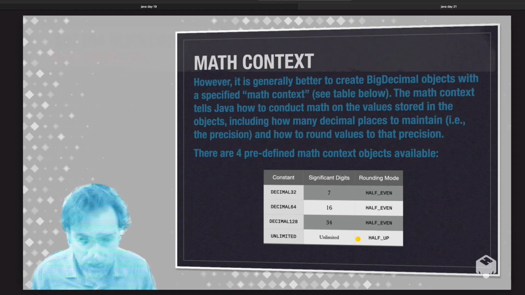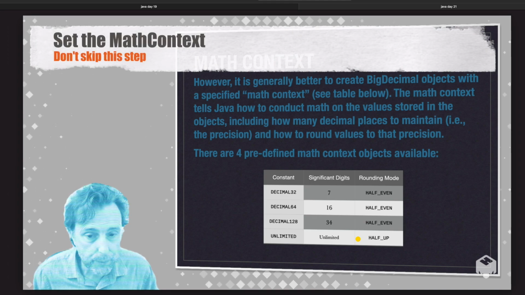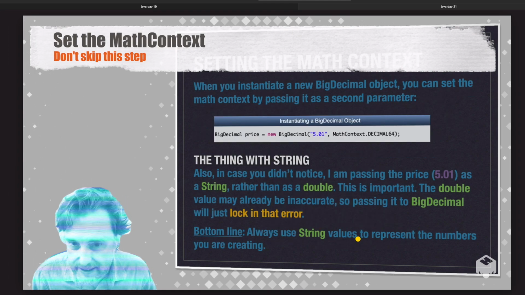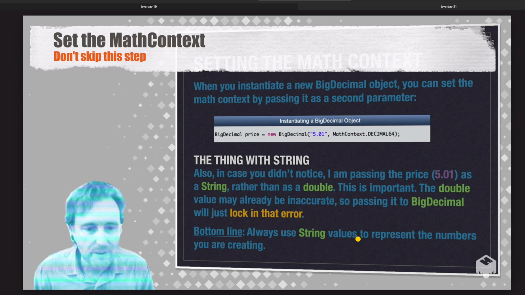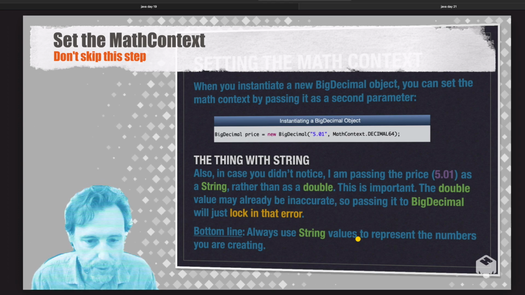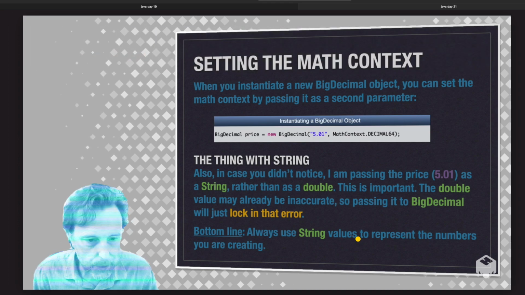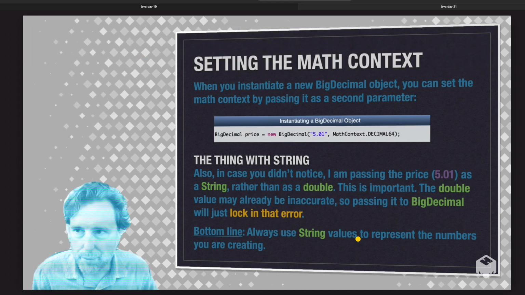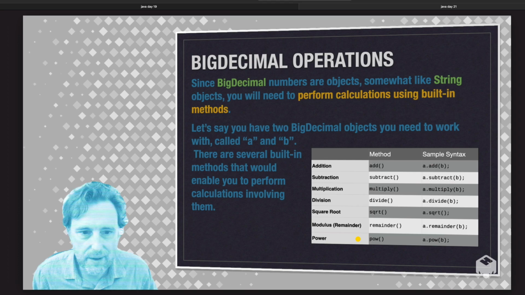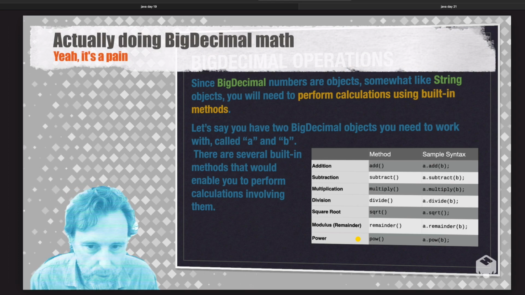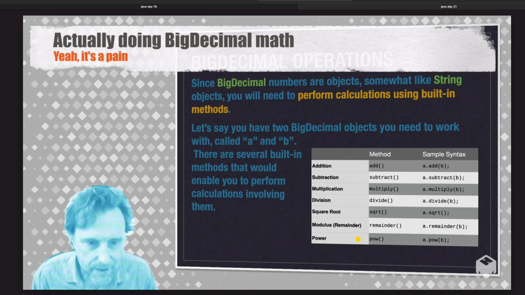And then we're going to get to this next time, but we're going to set something called a MathContext, which tells Java, tells BigDecimal how precise you want to be, how much effort you want to go into representing BigDecimal numbers. And then we're going to use BigDecimal methods to do the math.